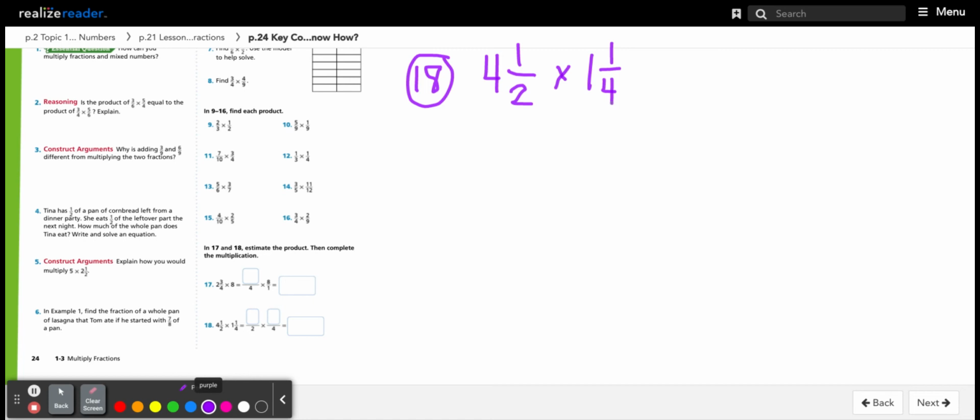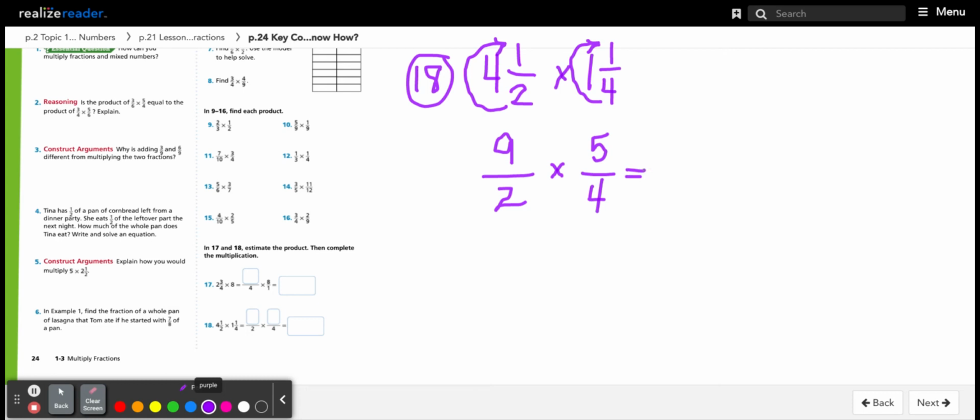So what is 4 1/2 as an improper fraction? 4 1/2 as an improper fraction is 9/2 times. What is 1 1/4 as an improper fraction? 1 1/4 as an improper fraction is 4 times 1 is 4 plus 1 is 5/4.